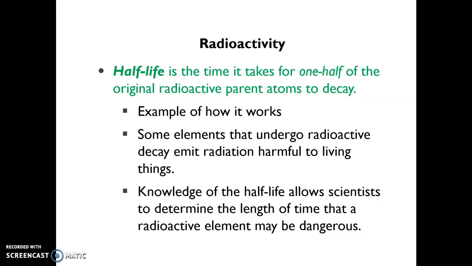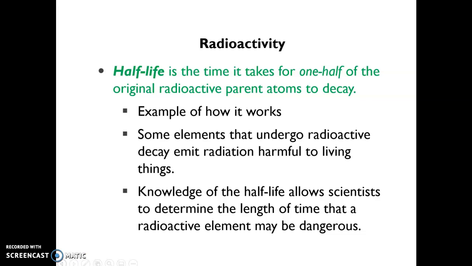So back in the case of the uranium producing a daughter of thorium, thorium is also radioactive. So we want to know how long the element is going to stay in the environment and how long its daughter elements, if they are radioactive, will stay in the environment.